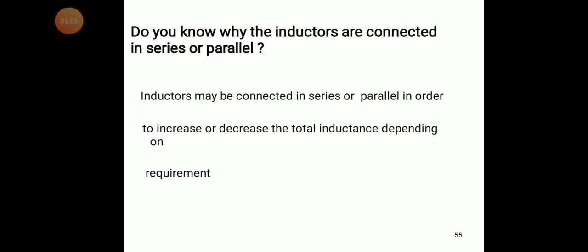This is an extra thing, and that is why we need to take care when connecting in series and parallel. Now we discuss in detail how to calculate the total inductance in the series combination and parallel combination.